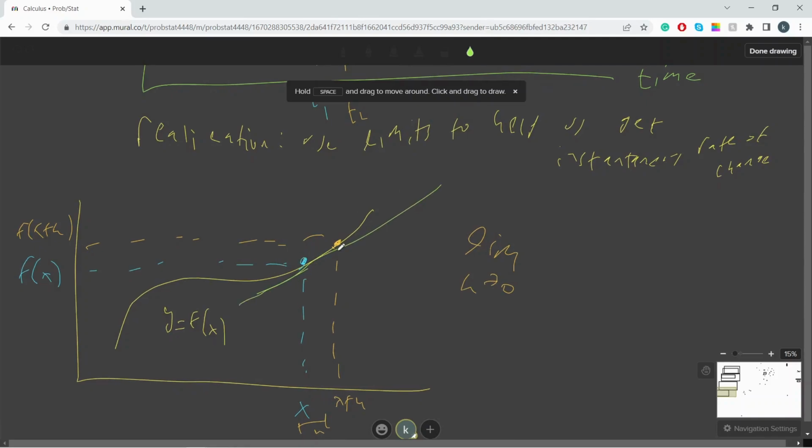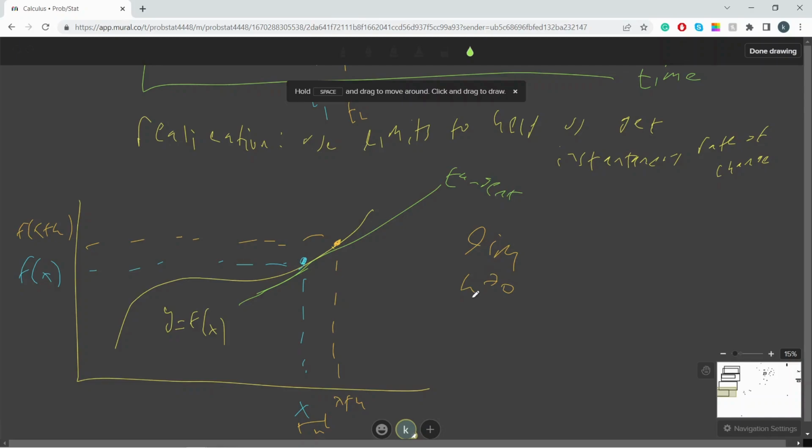So we're going to get this nice tangent, right? This nice tangent line to f at x. And this is all accomplished by moving this orange point closer and closer to the blue point, so that the line between this blue and orange point is going to become more and more tangent, right? And that this line in green will intersect f only at this blue point and nowhere else. So that's what we mean by a tangent.